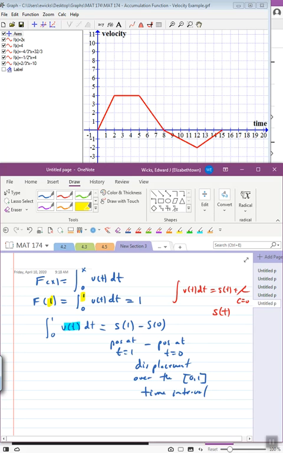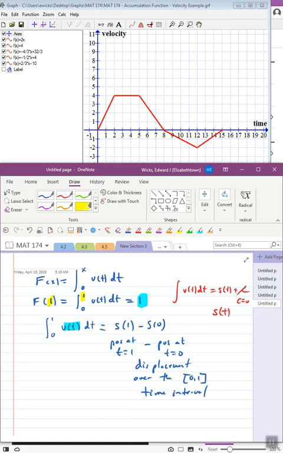In other words, I would interpret this 1 that we got, which was the area under the curve, as the displacement during that time. And of course, since the velocity is positive, that means we're always traveling in the same direction over that time interval. That means I would interpret that 1 as a distance traveled.